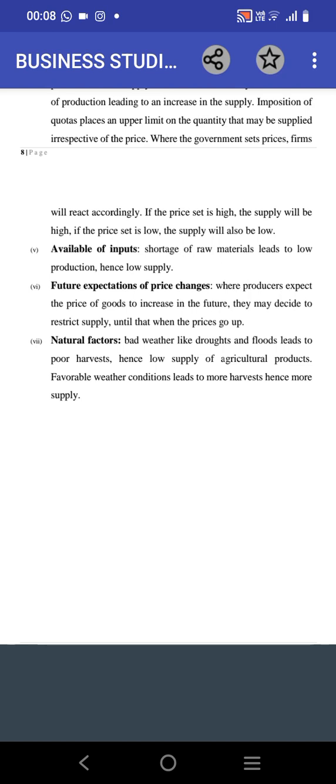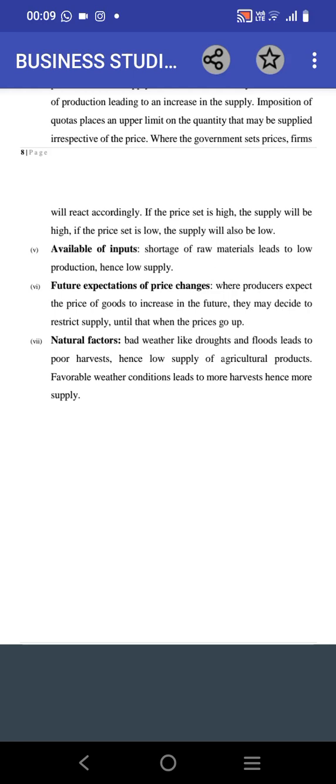They wait for the price to rise. If the price does not rise, they keep the goods within themselves and will not sell or supply these goods. If the price is high, they will supply these goods. So if the future price is expected to be high, they will wait for this price to rise before supplying these goods.